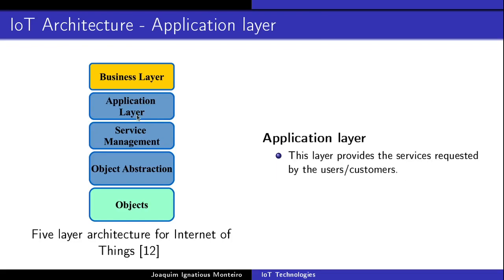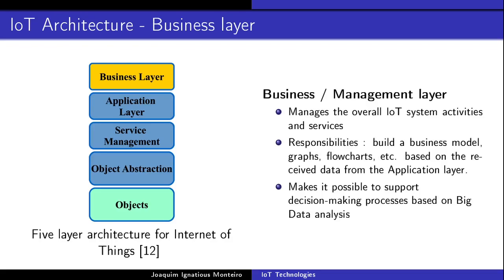Again, you have the application layer, which is the way most of us interface to the Internet of Things. This provides the services requested by the users or the customers. And the layer above, you have the business layer. Business layer is the commercial aspect of these things. Whatever data you have acquired, it has value only when it is processed and converted into information. Information is processed data.